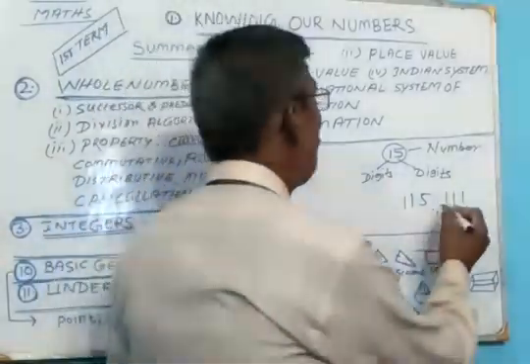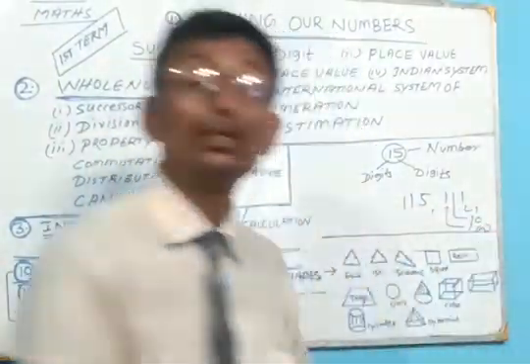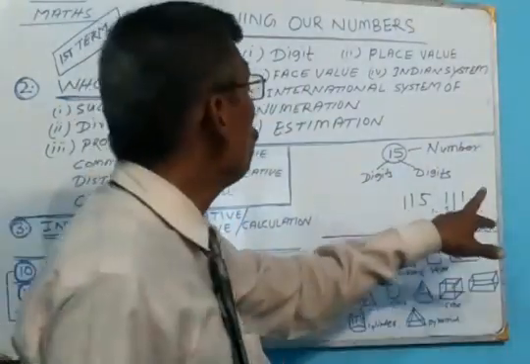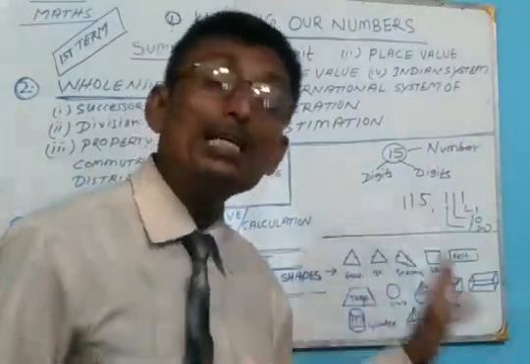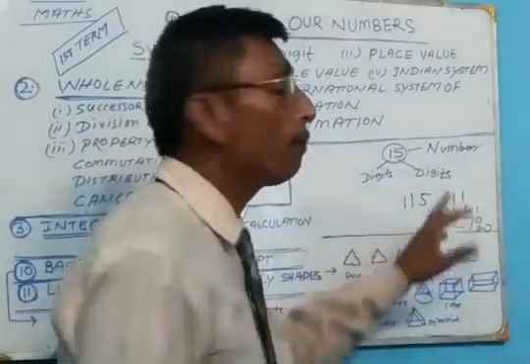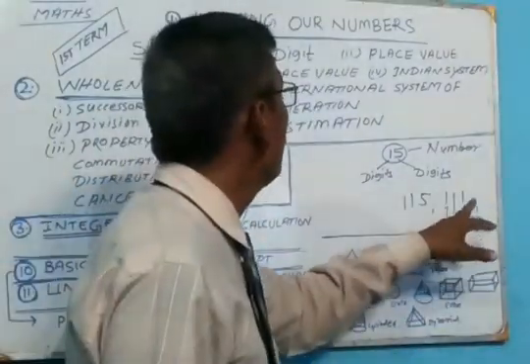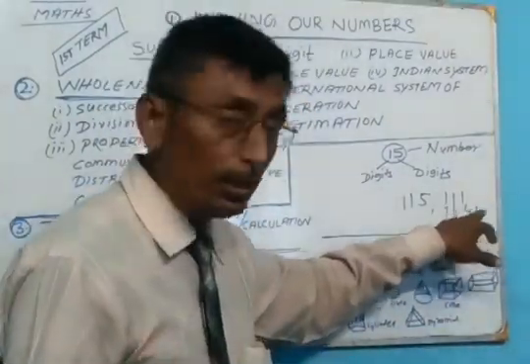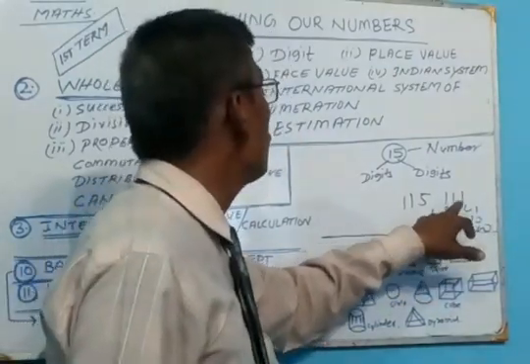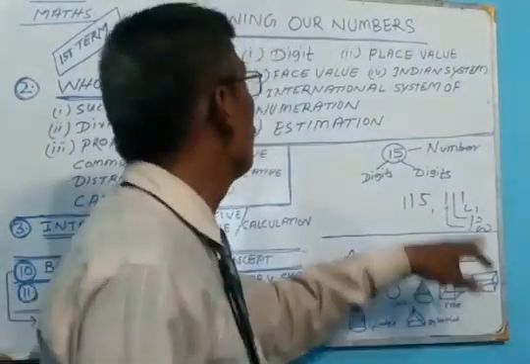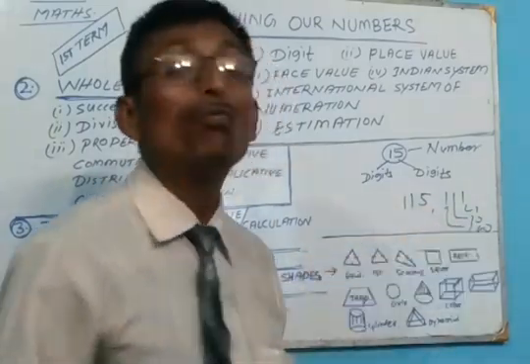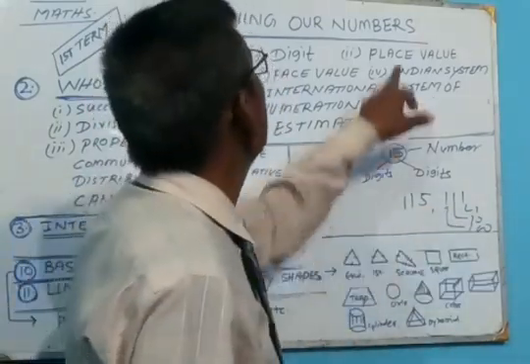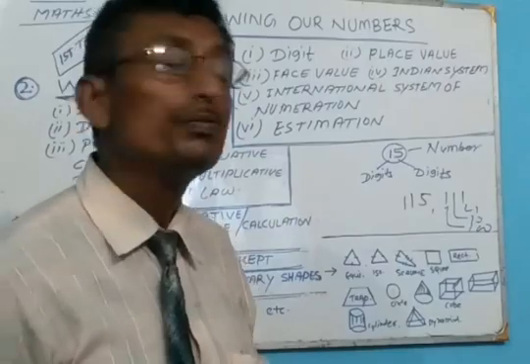The place value of the next 1 is 100. So all the numbers are the same, but they have different places. So the place value of 1 is 1, the place value of the 1 in tens place is 10, and the place value of the 1 in hundreds place is 100. So it is the place value of a number.